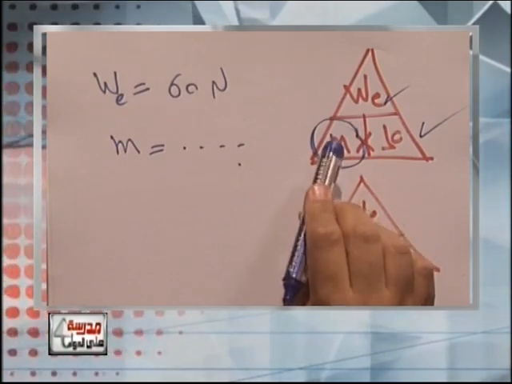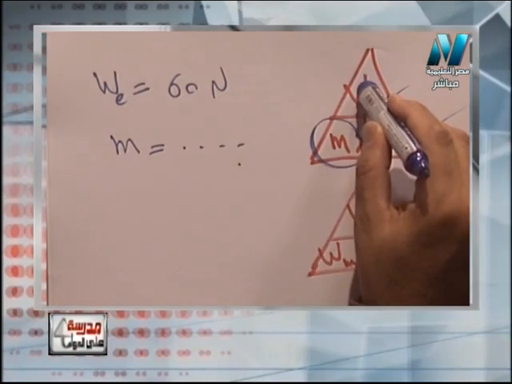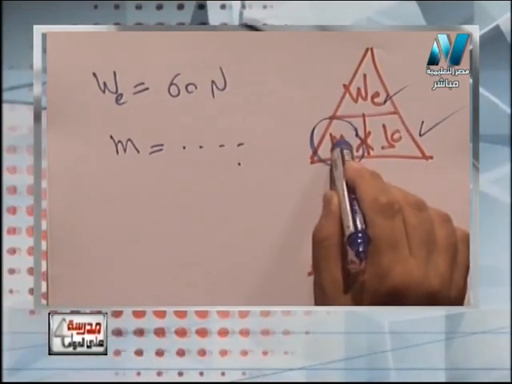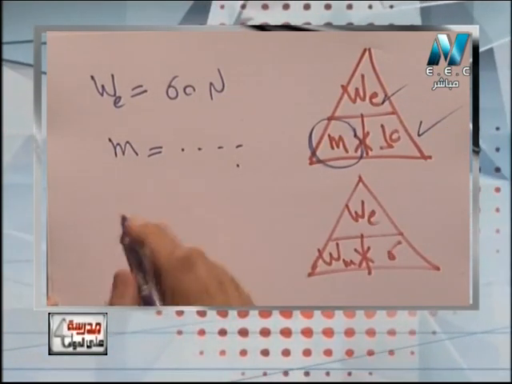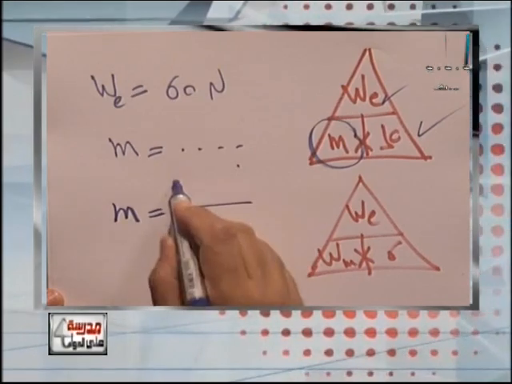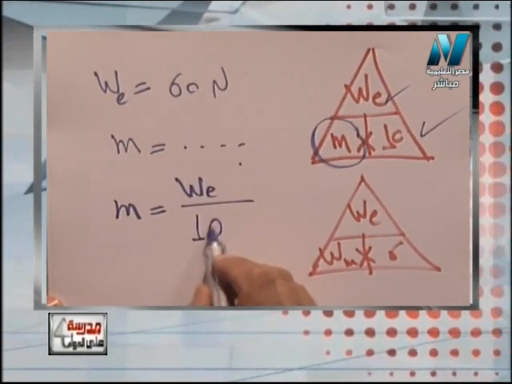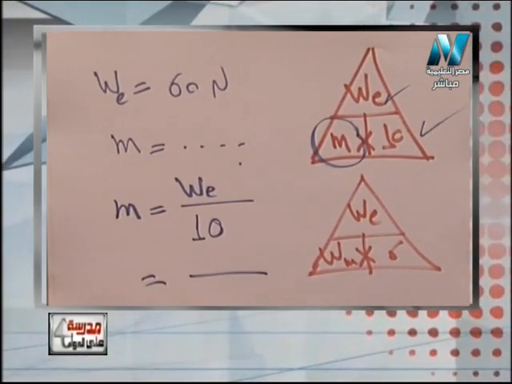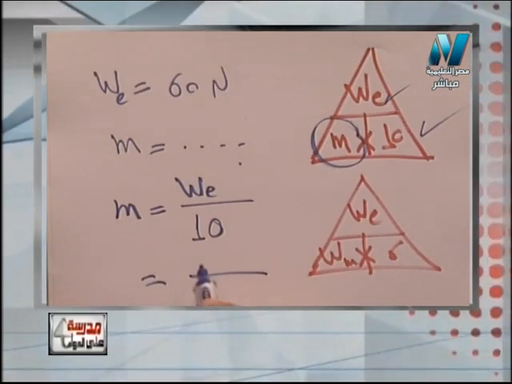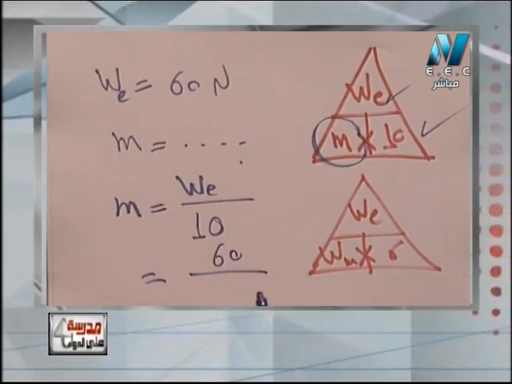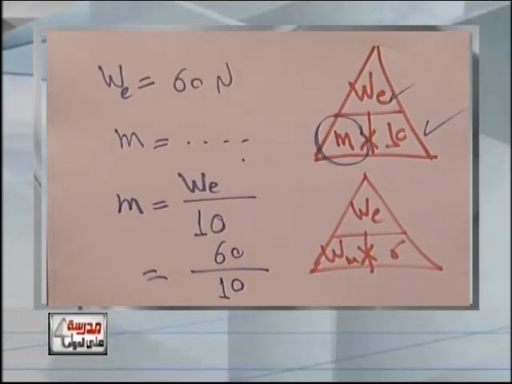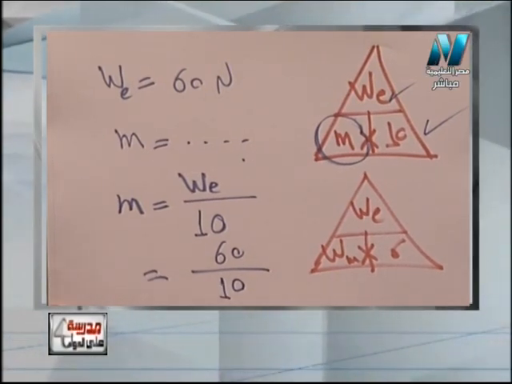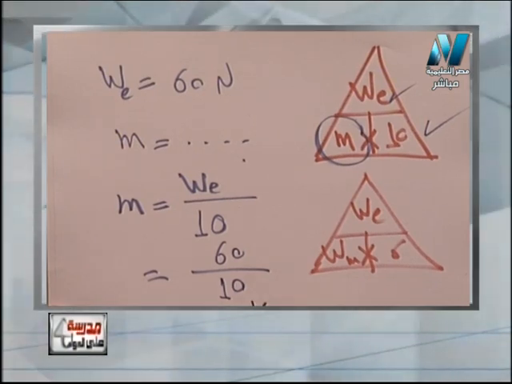I can have mass by divide weight on the earth by 10. يبقى عشان اجيب الماس هقسم weight on the earth divide by 10. So here is mass equal weight on earth by 10. Okay, so here is weight on the earth 60. Okay, divide 10 equal 6 what? 6 kilogram.